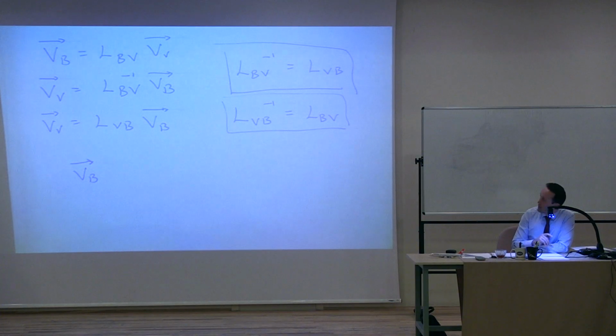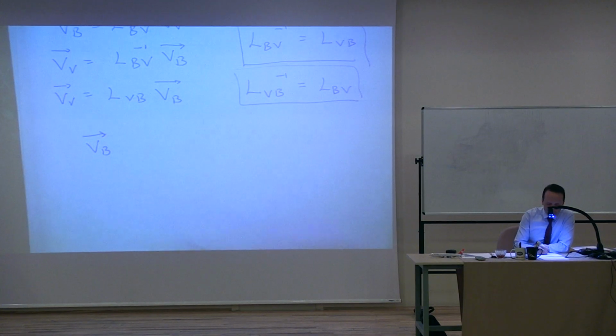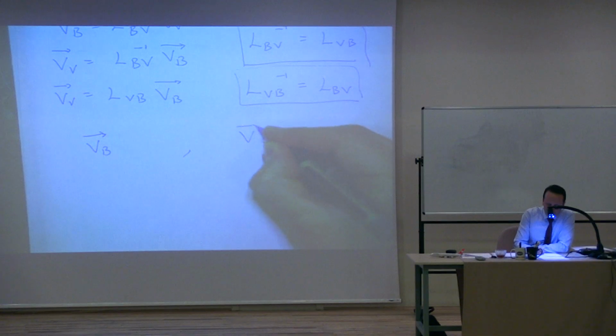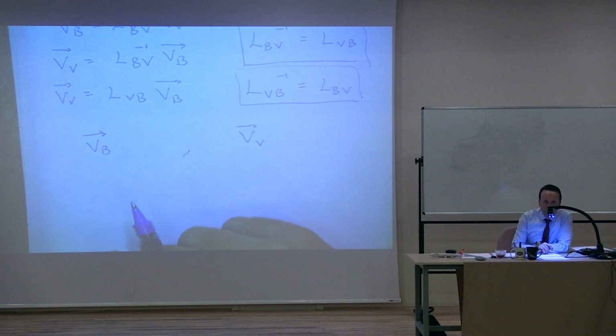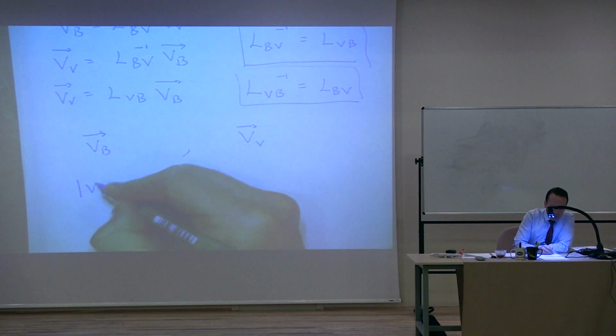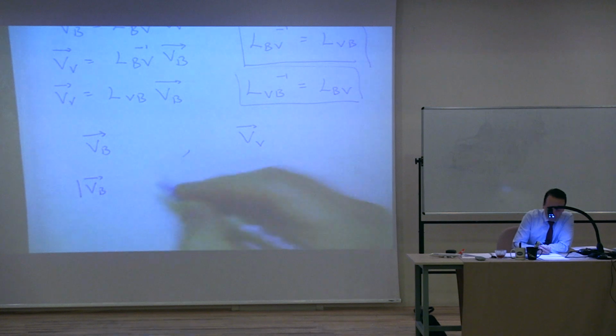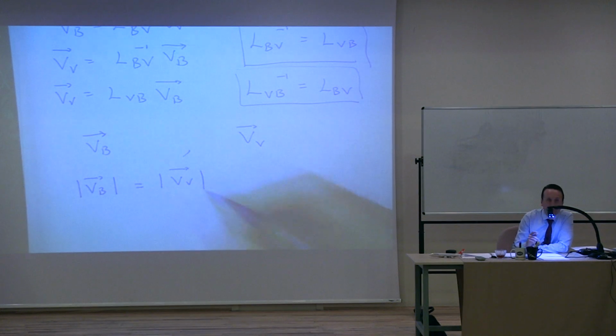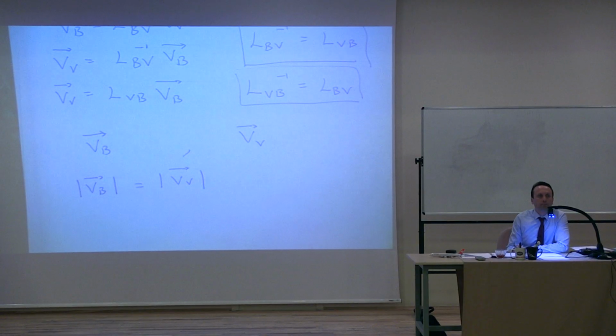Let's take a vector in the B written in the body fixed coordinate system and a vector written in the vehicle carried coordinate system. Okay? There are two vectors. It's the same vector. Because it is the same vector, the magnitudes are the same, isn't it? Is that okay?